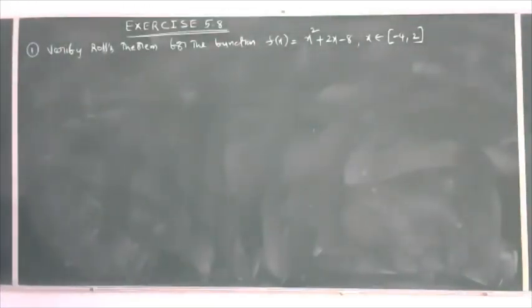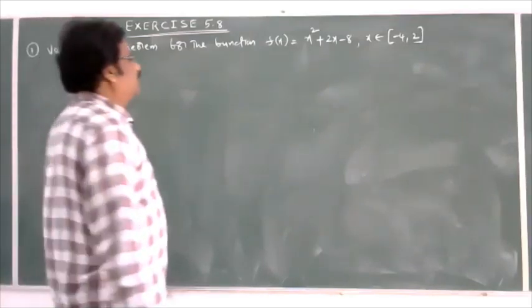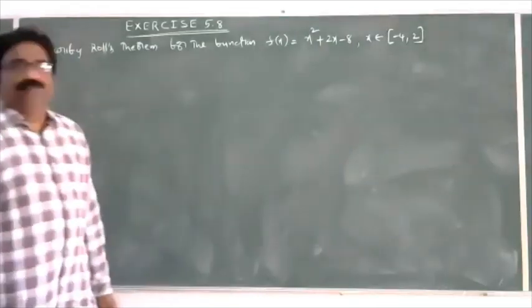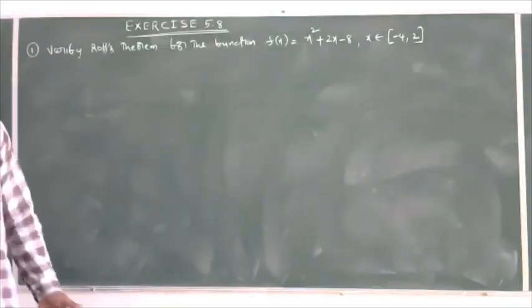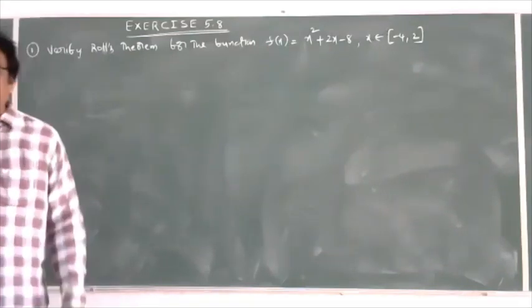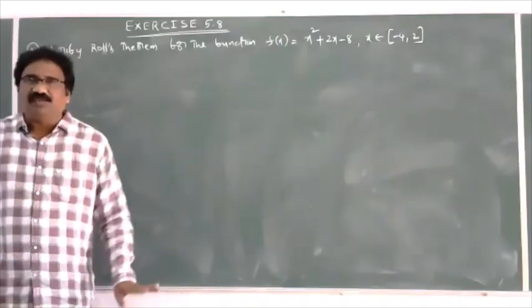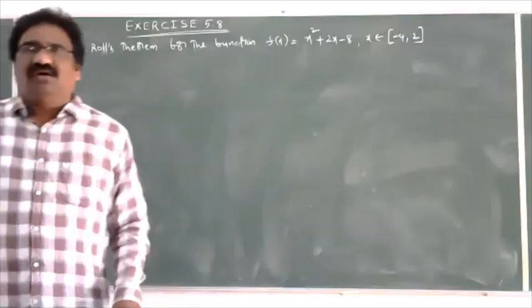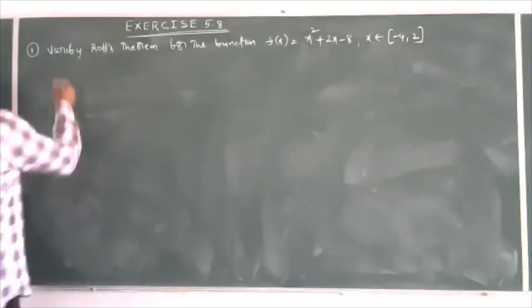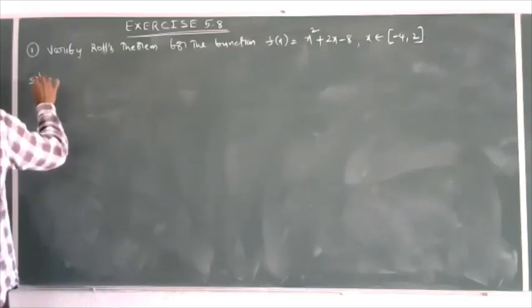So this is a polynomial function. f of x is equal to x square plus 2x minus 8 is a second order polynomial function. We know every polynomial function is continuous on R, the real numbers. In the same way, every polynomial function is differentiable on R. That's why you write first those 2 points. Solution.